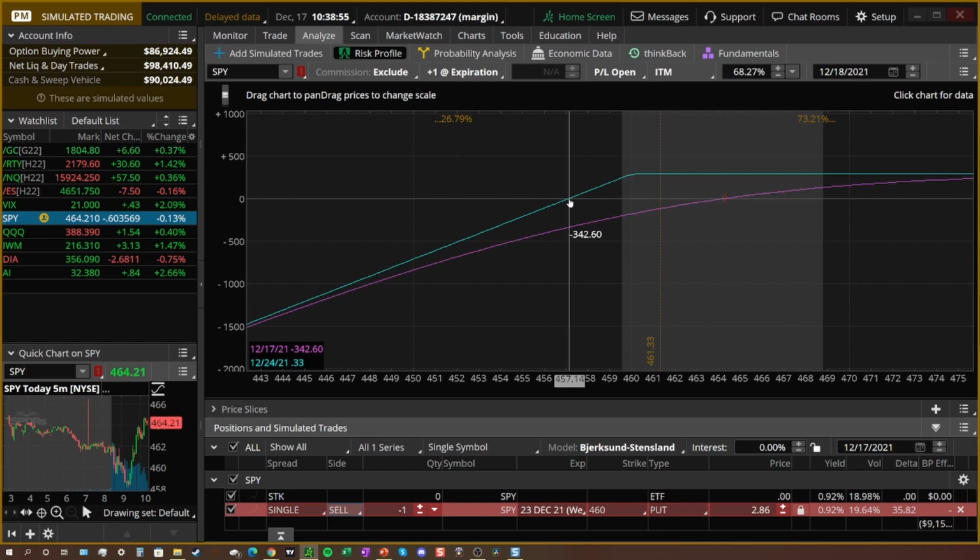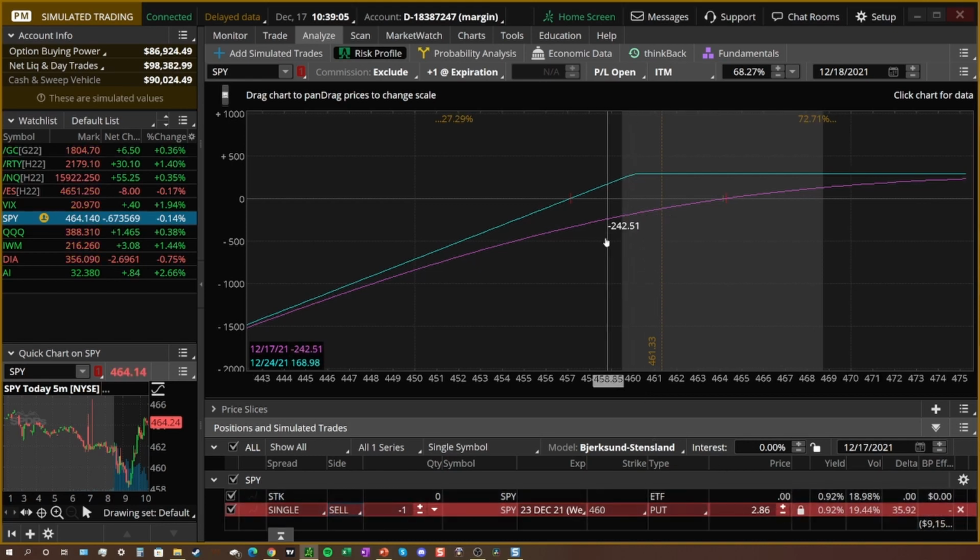Your break-even point, if we did the 460 strike but then minus the premium, should be 457.14, and that is pretty much right where the break-even mark is.